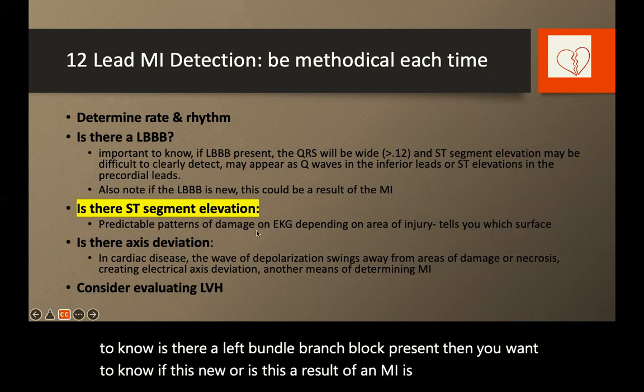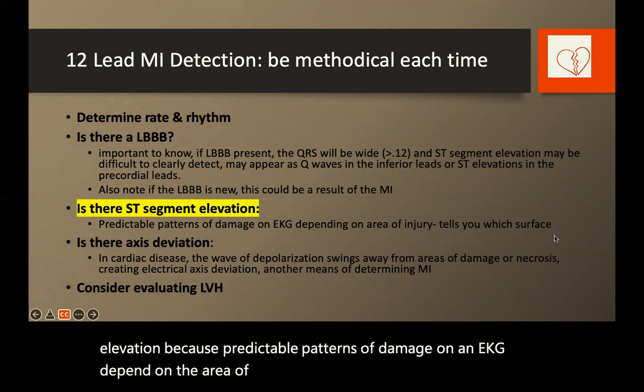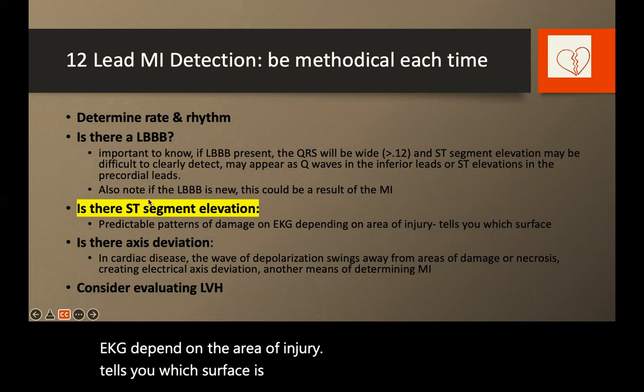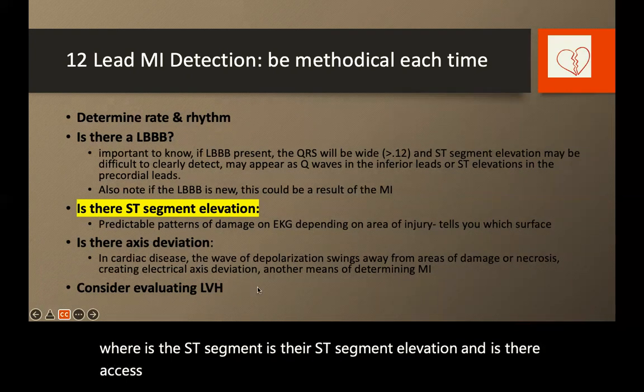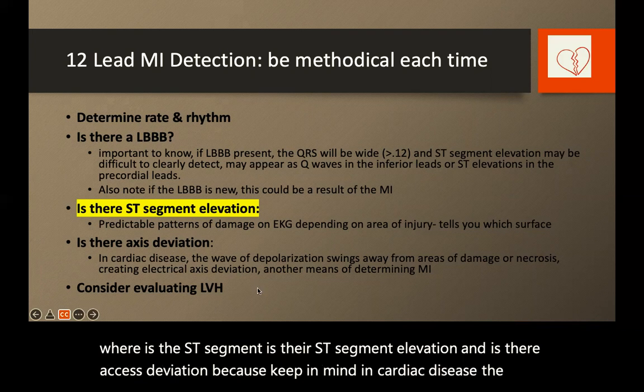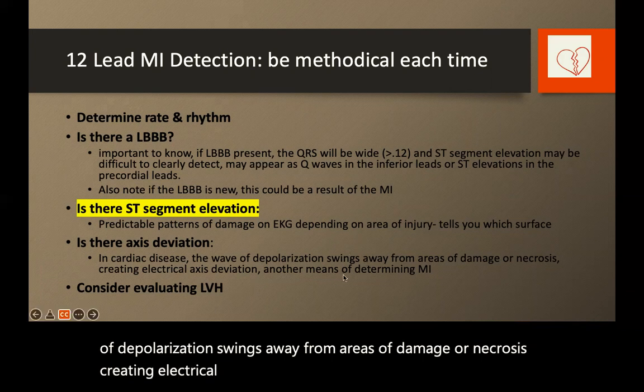Because predictable patterns of damage on an EKG depend on the area of injury, it tells you which surface is injured, okay? So you need to figure out where is the ST segment, is there ST segment elevation, and is there axis deviation? Because keep in mind, in cardiac disease, the wave of depolarization swings away from areas of damage or necrosis, creating electrical axis deviation, which is another means of determining an MI.